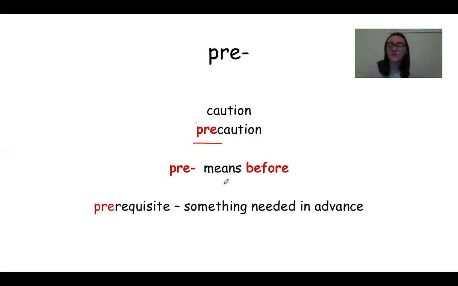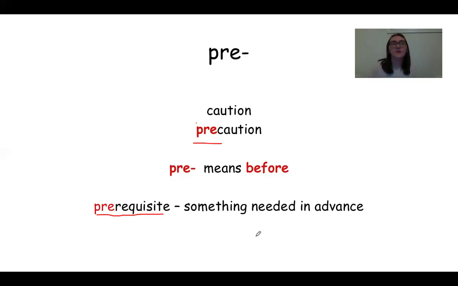So when you see a word, right? So this word right here, really big word in English, right? Prerequisite. What does that mean? Well, we don't know what requisite means, but at least we know that it's talking about pre. Whatever this is, it's before. So a prerequisite, I'll just give you the definition, is something you need in advance.